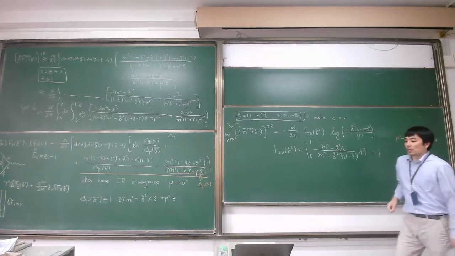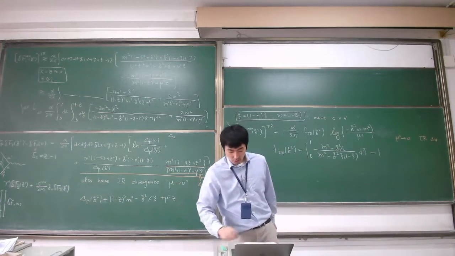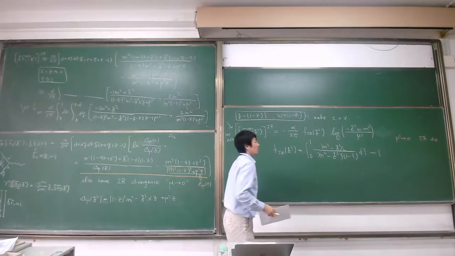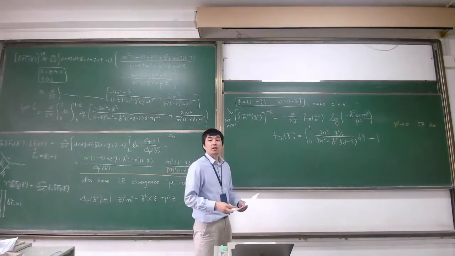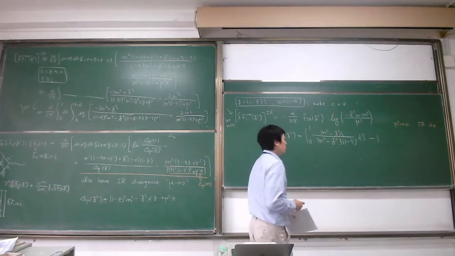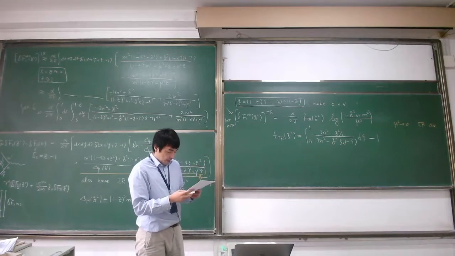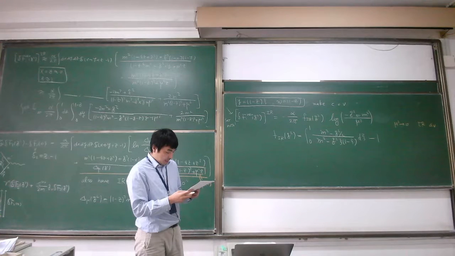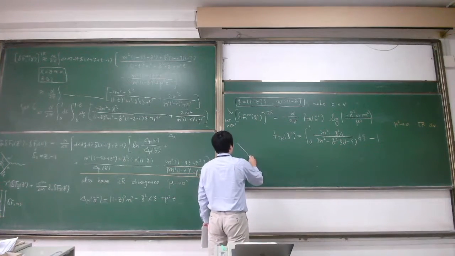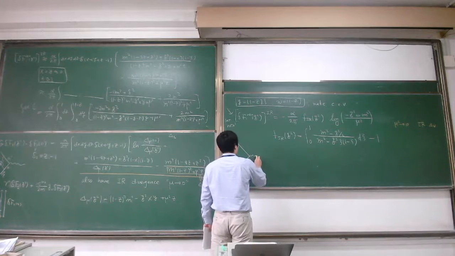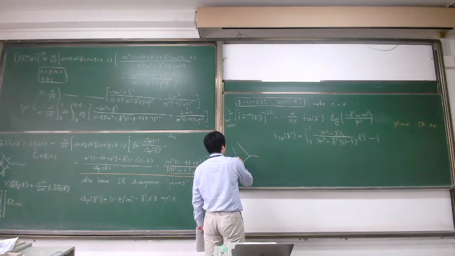Okay. To avoid this, as I mentioned at the end of the lecture last time, we need to incorporate the following diagram in the calculation. This is supposed to cancel the divergence.